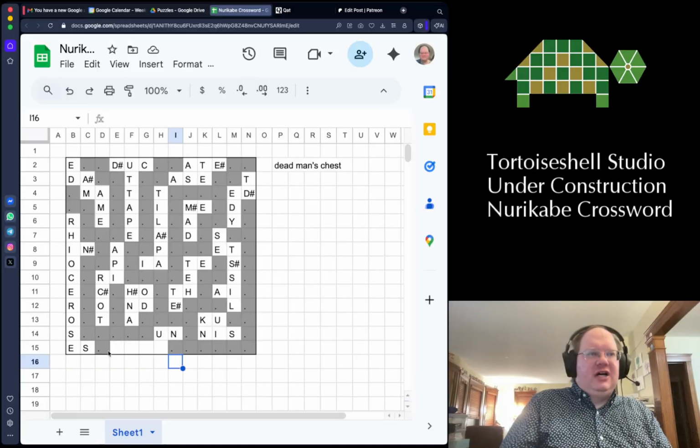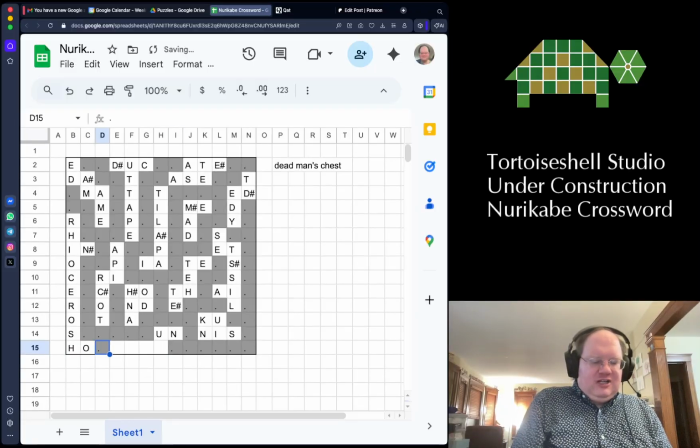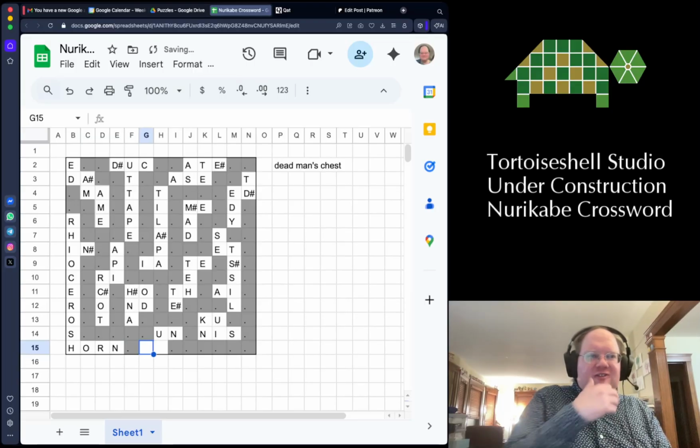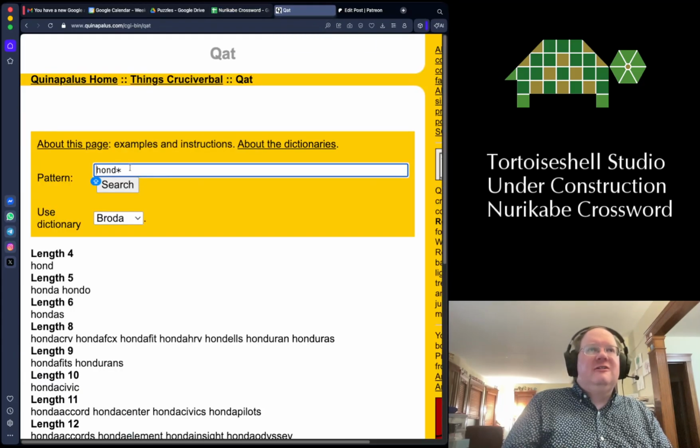I had another thought, which is that instead of rhinoceroses, it's rhinoceros horn, and we have something like hornets or horner. Blah, blah.